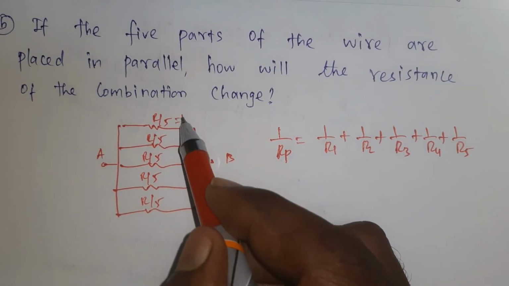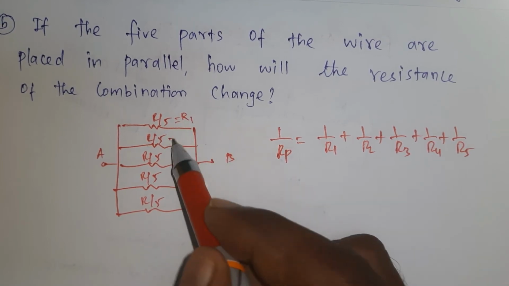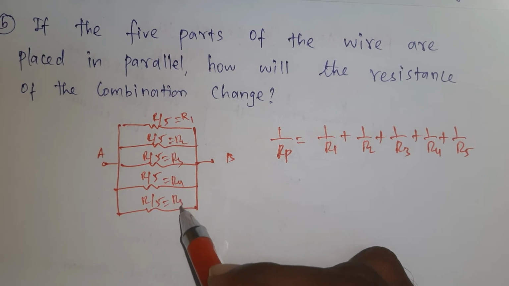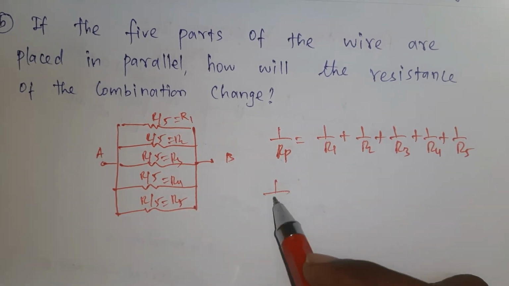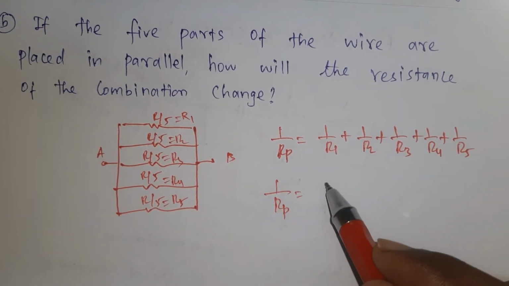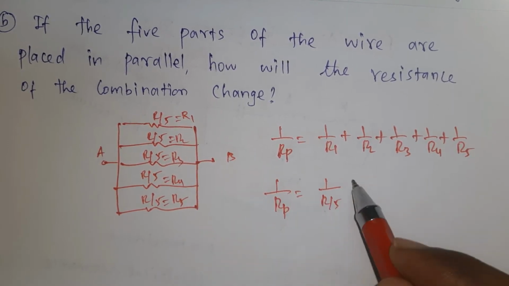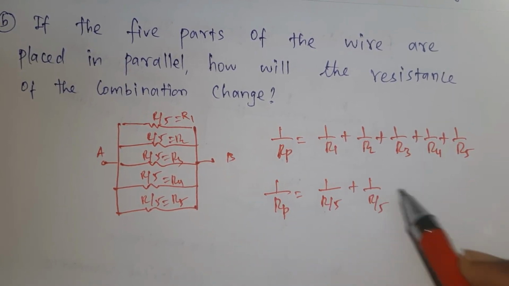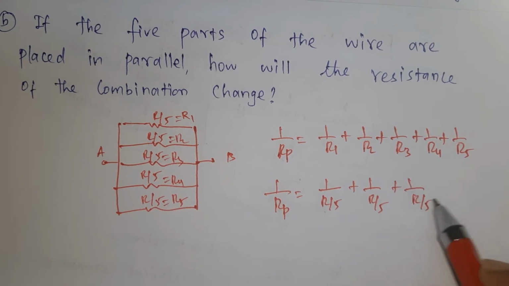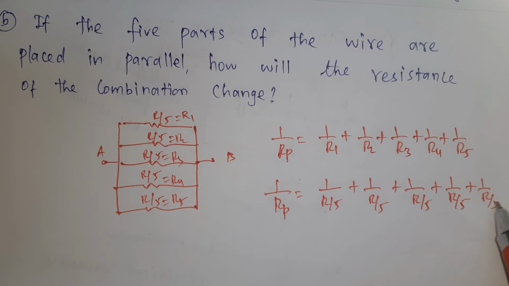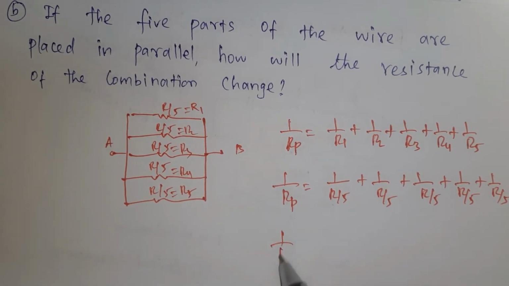This R by 5 is R1, R2, R3, R4, R5. So all are equal. So 1 by Rp is equal to 1 by R by 5 plus 1 by R by 5 plus 1 by R by 5 plus 1 by R by 5 plus 1 by R by 5. Denominators are the same.